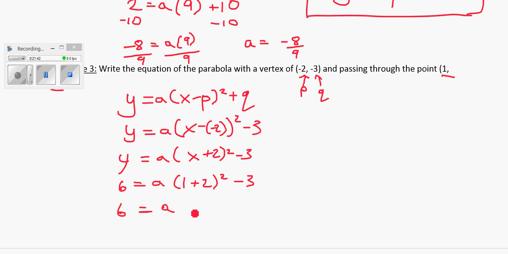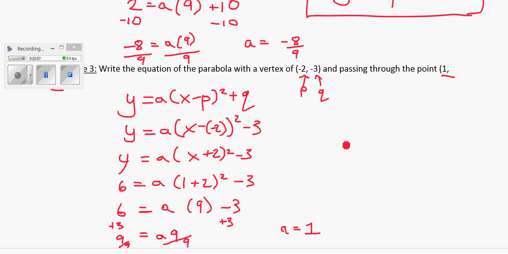Okay, and so that's going to be 3 squared, which is 9. I'm going to add 3 to each side. So I've got 9 equals a times 9. So if I divide both sides by 9 so that I can isolate a, I have a equals 1.